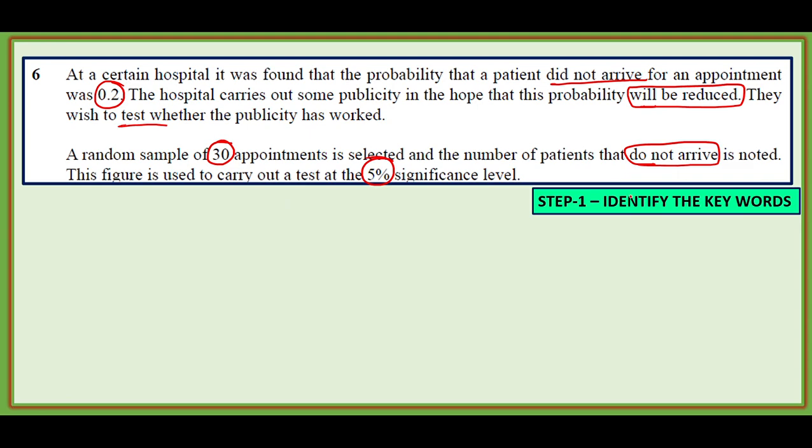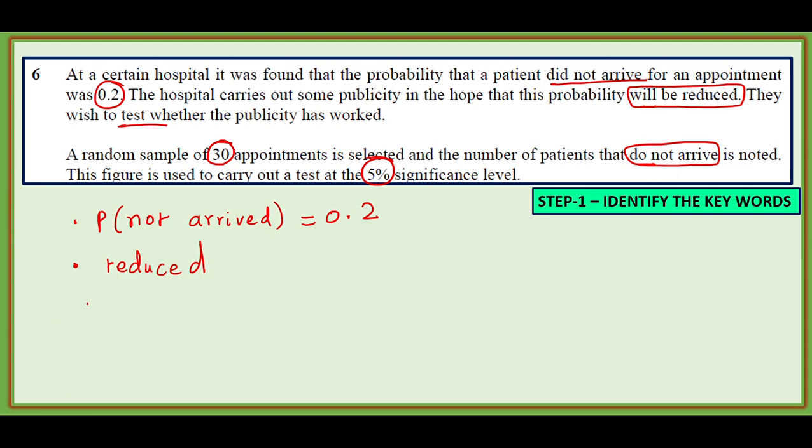So we have to first identify the keywords. The keywords are did not arrive for the appointment. What is the probability of not arriving at the appointment? Not arrived is 0.2. They are hoping that the probability will be reduced.